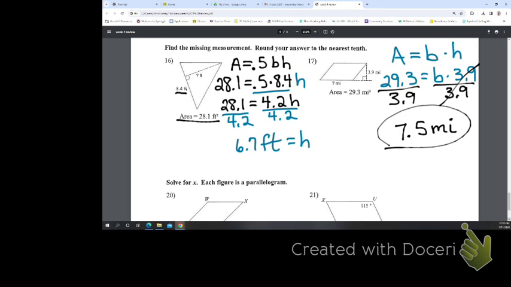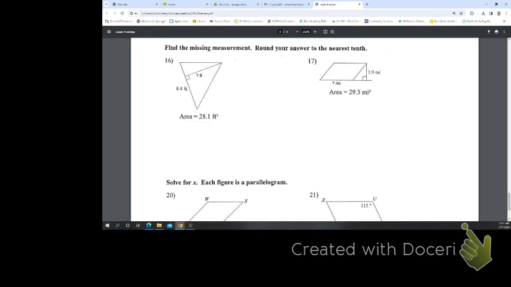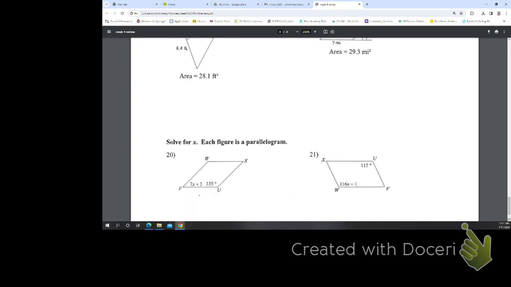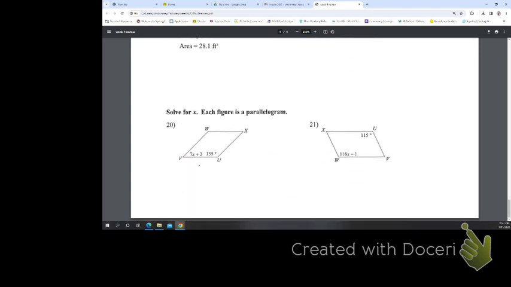And then 20 and 21, we are back to angles. And you might remember, you might not, but in a parallelogram, consecutive angles, which means right next to each other, or you could call them adjacent, are supplementary. So they add up to 180.